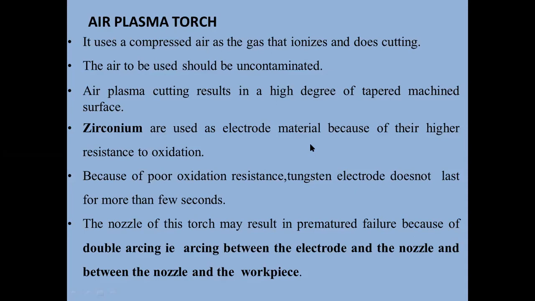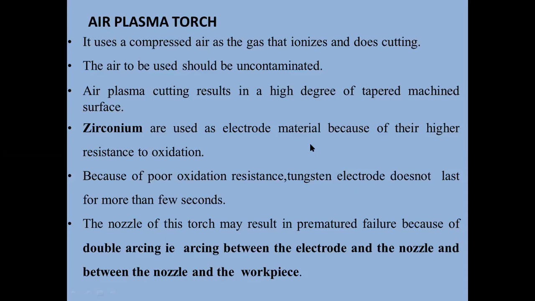It is because of double arcing. Generally, in the formation of the arc, we have an initial pilot ignition between the nozzle and the electrode, and then that arc is transferred in a loop form through the nozzle onto the workpiece. Here, double arcs are formed, and that's why we have premature failure of the nozzle.